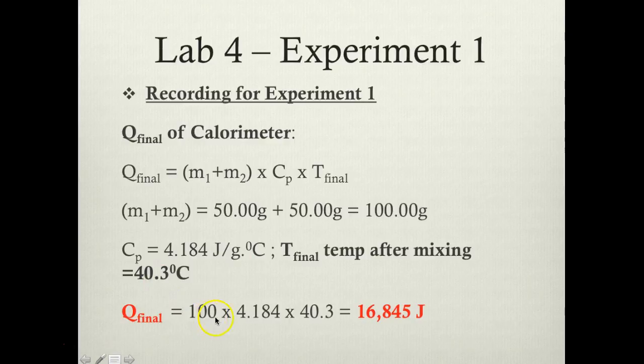So 100 times 4.184 times 40.3, and so the Q final is 16,845.